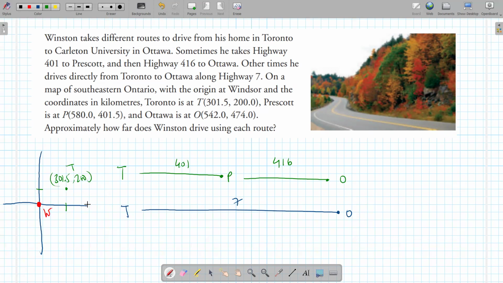Prescott is at (580.5, 401.5), somewhere over here. And Ottawa is at (542, 474), up there somewhere.